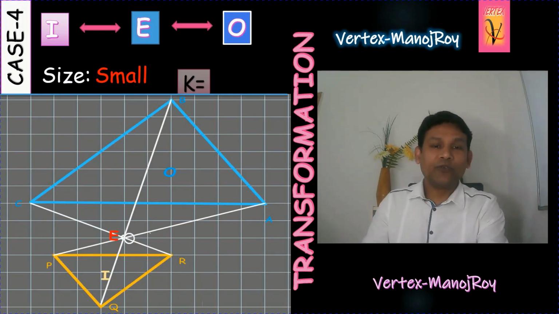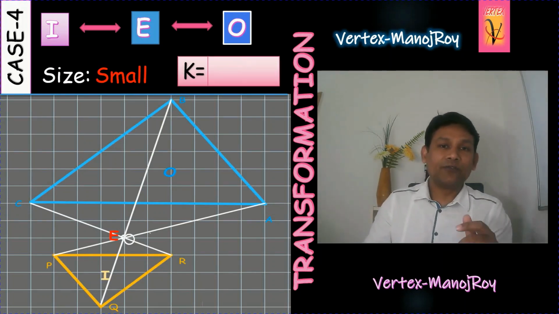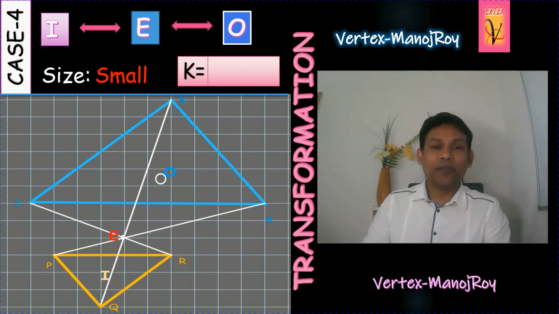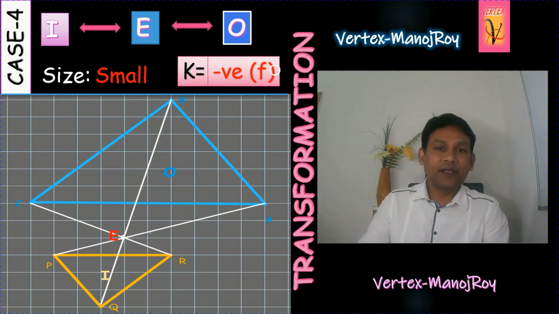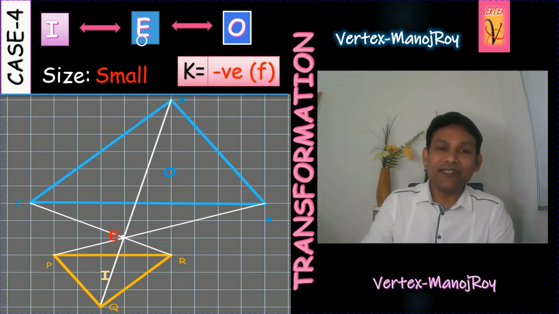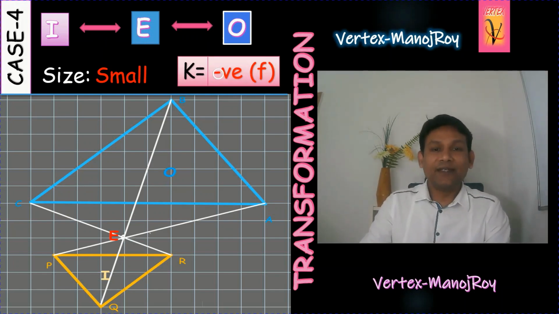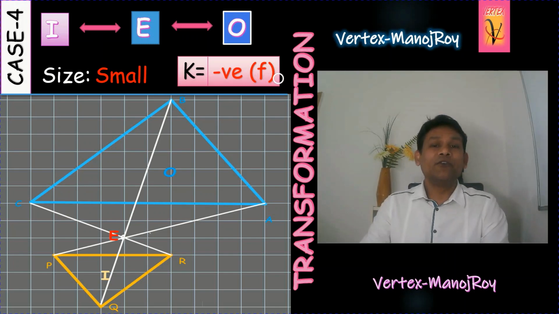I've told you, whenever the center of enlargement is between object and image, it is always negative, and small means a fraction. So negative and fraction is the way we decide when the center of enlargement is between object and image. It means the scale factor is negative, but it's a fraction. Why? Because we have a small image, so your answer will be a fraction.